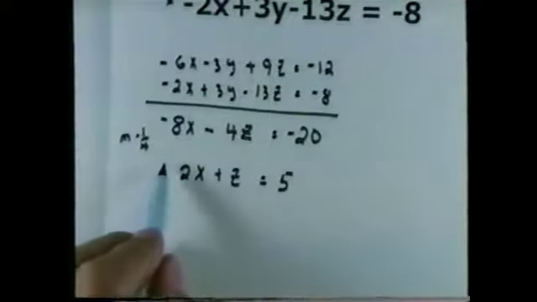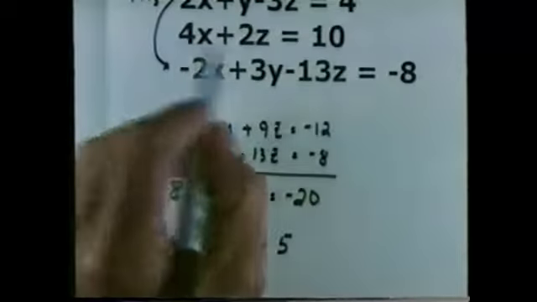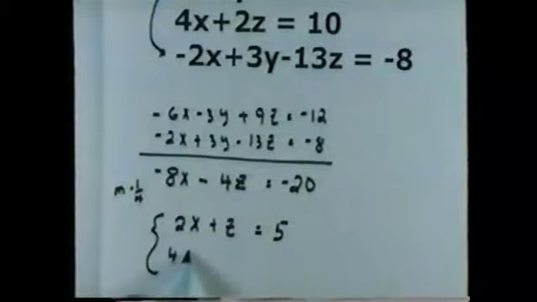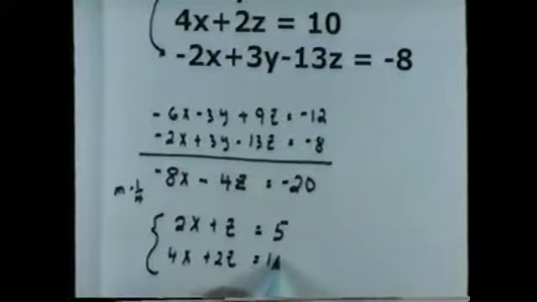Now I can combine this row with the second one. 4x plus 2z is equal to 10.